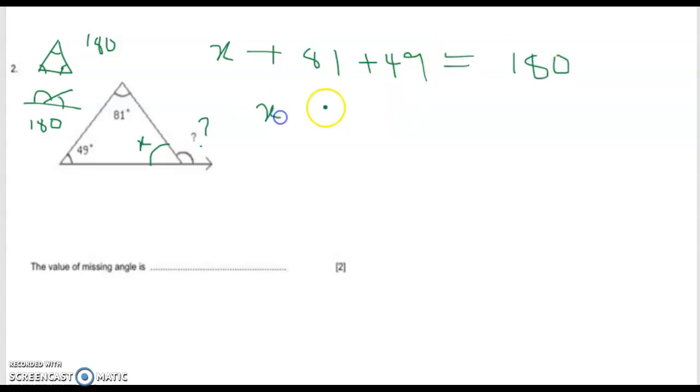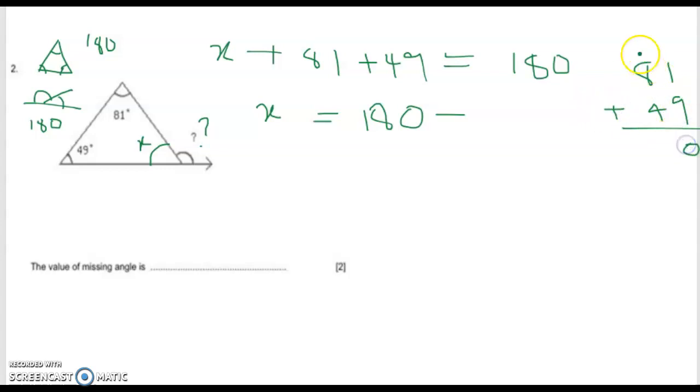So x is equal to 180 minus, how much is 81 plus 49? 81 plus 49, this is 10, and 1 above 8, 9, and 10, 11, 12, 13, 130. So this together is 130.